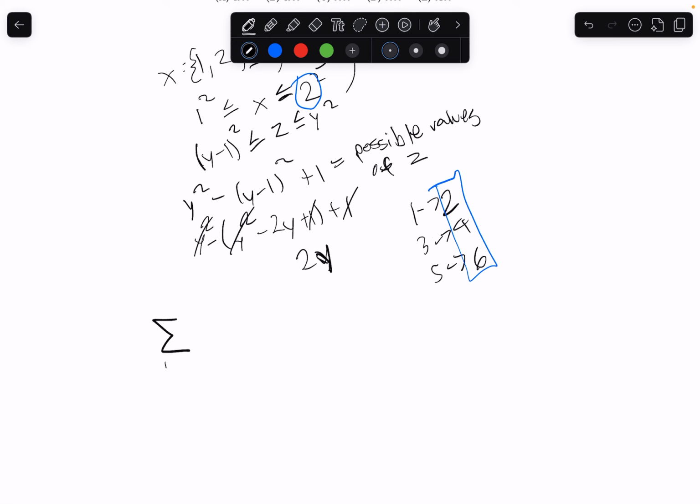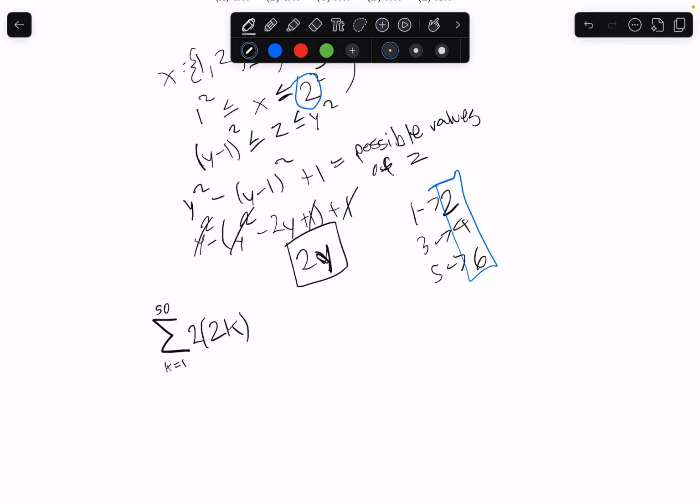So let's say this is k equals 1 to 50. Instead of alternating, we can just write 2k. And 2k gives us all of the even numbers from 1 to 100. And we have to multiply this by 2 since we got 2y here, because we're replacing y by 2k, where k is from 1 to 50.